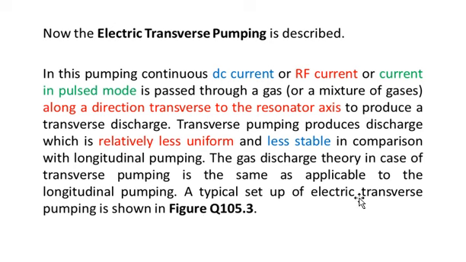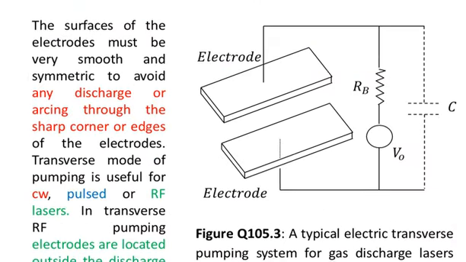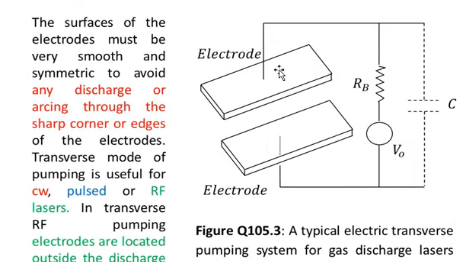A typical setup of electric transverse pumping is shown in figure number 3. You can see that there are two electrodes, one at the top, the other at the bottom, and there is a gas tube in between them, which I have not shown. So the gas tube is lying between the two electrodes, with the horizontal axis of the gas tube parallel to the electrodes.